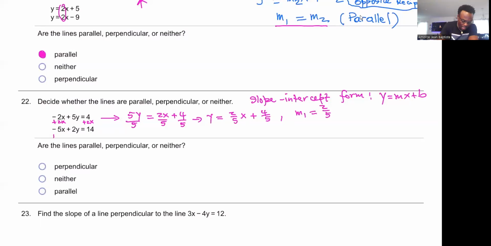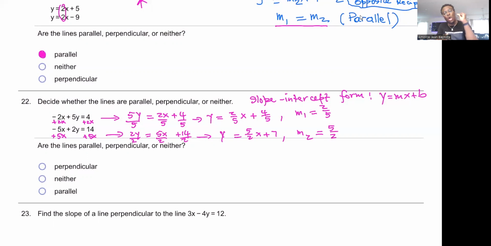The second line, we can add 5x on both sides. Takes me to 2y equals 5x plus 14. Divide by 2. Get y equals 5/2x plus 7. And we have a second slope M2 that is 5/2.